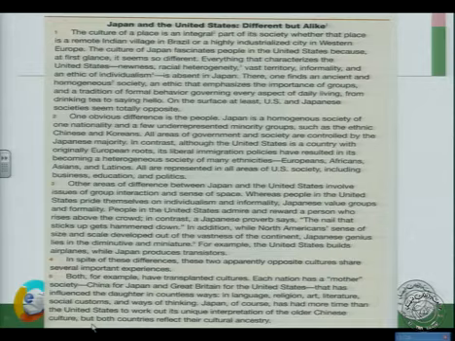This is the title, and you can guess the topic from the title. It talks basically about a difference, it shows contrast. Alike means similarities. So we have a comparison and contrast essay.